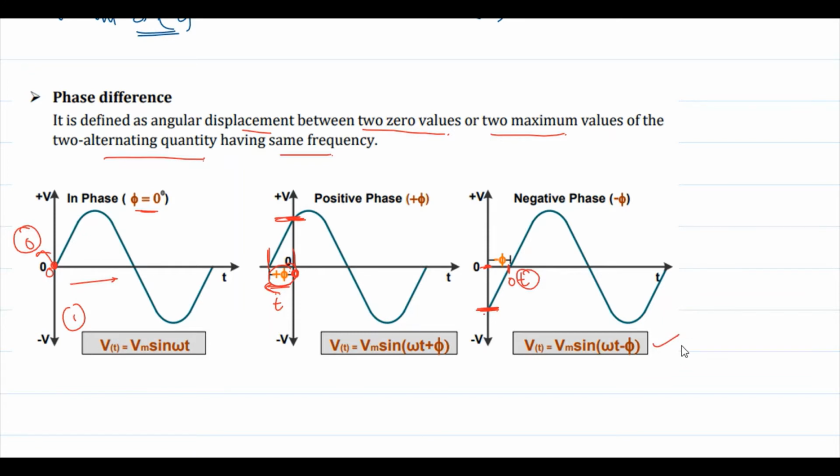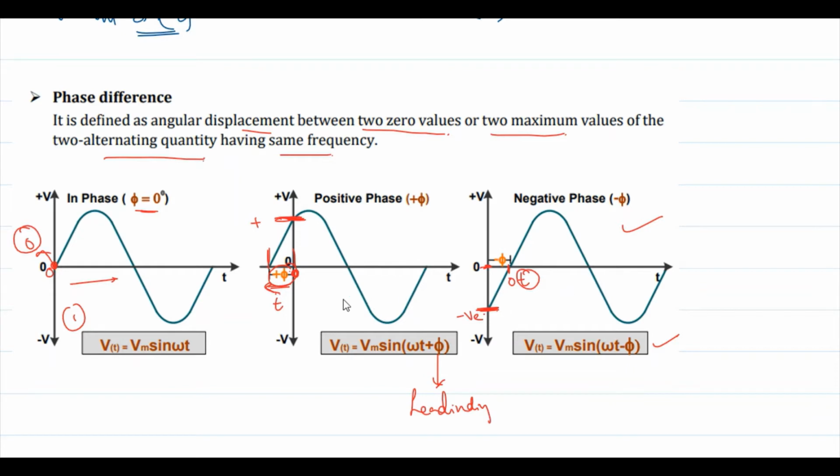It is lagging, meaning it is coming later, and here it is forward. That's why it is a leading one, because at time t equal to 0 it has a maximum value. At time t equal to 0, as it has a positive value and this has a negative value, it means this wave is getting late. So that is called a phase difference.